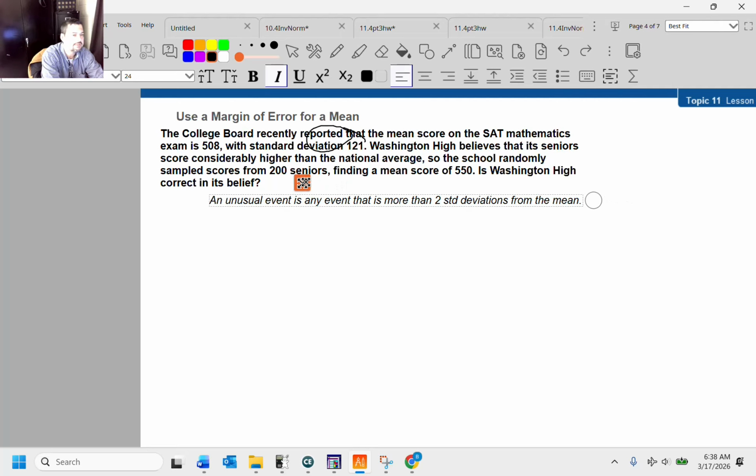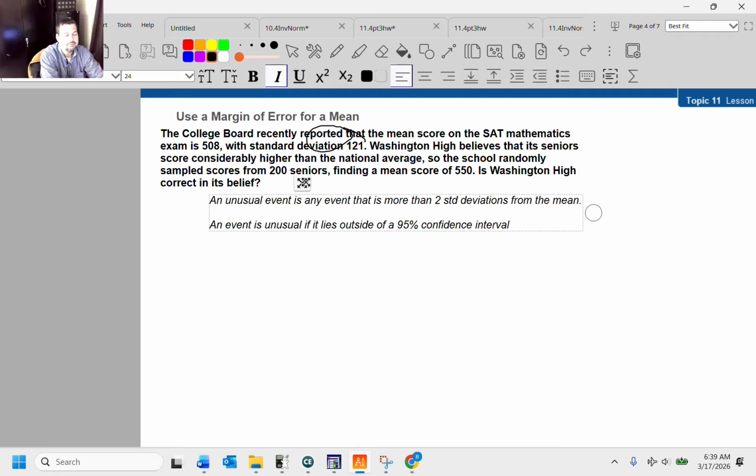There's also the less than 5% chance of happening, but more than 2 standard deviations of the mean. And the 95% confidence interval is 2 sigma, right? 2 standard deviations of the mean. So an event is unusual if it lies outside of a 95% confidence interval.